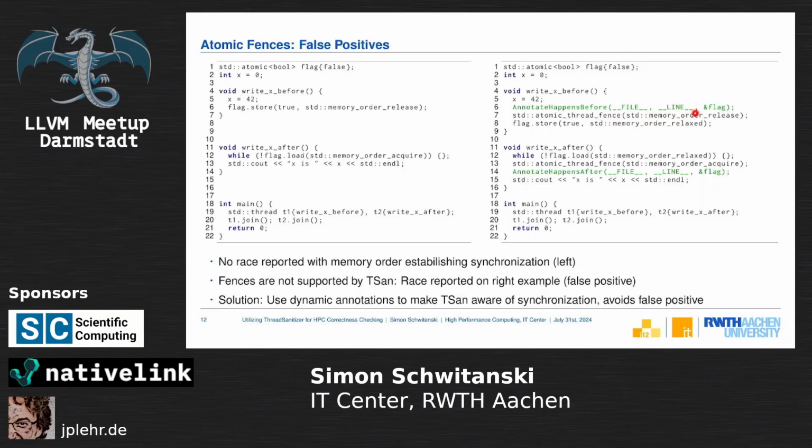And with that, if you add these two dynamic annotations, the data race is correctly not detected. So from our perspective, this is a helpful feature because you always want to avoid false positives, and if you can annotate your own synchronization with that, this is actually pretty nice.